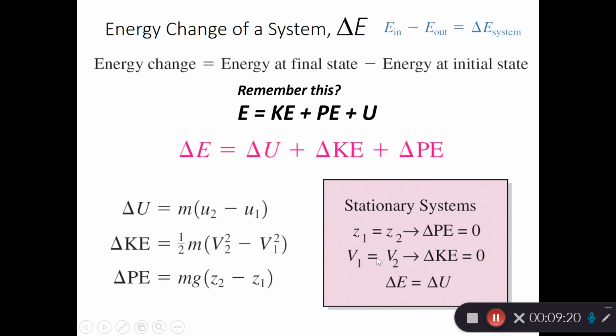If the system has the same velocity, maybe 0 for both cases, the change in KE will be 0. So in a typical system where the entire system is not moving and not changing levels, you only have the change in total energy as a change in internal energy. This is often the case.